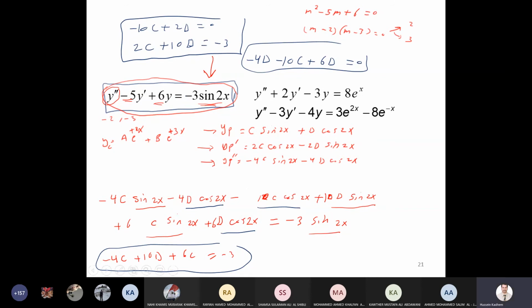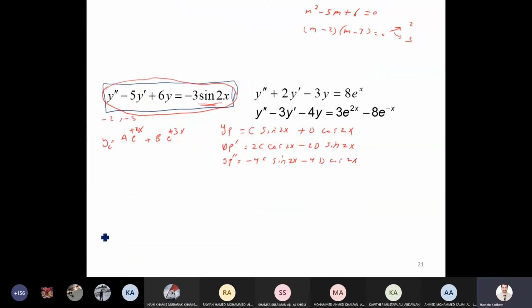Come on guys, Kawthar, Hamad, the rest. D equals 5C. What do you mean? Give me the final answer. How much is D, how much is C?